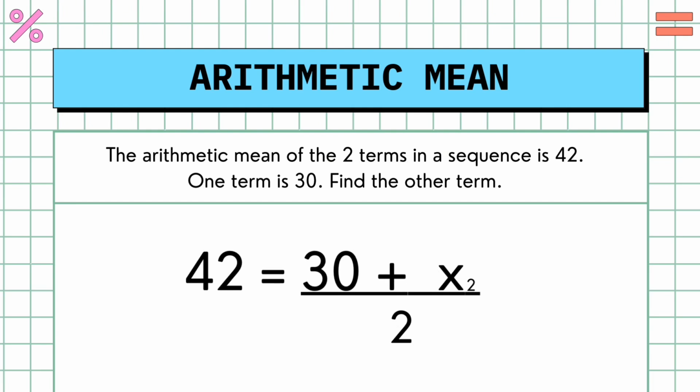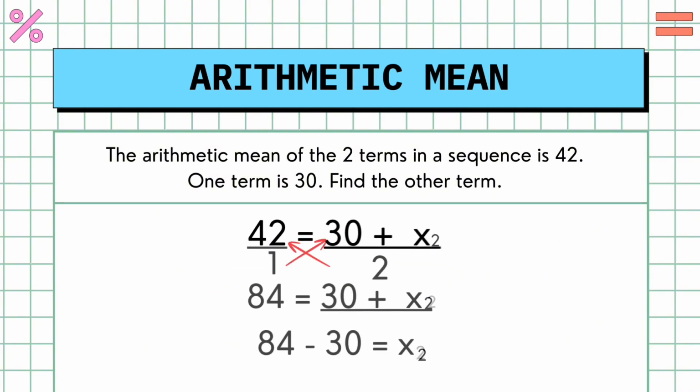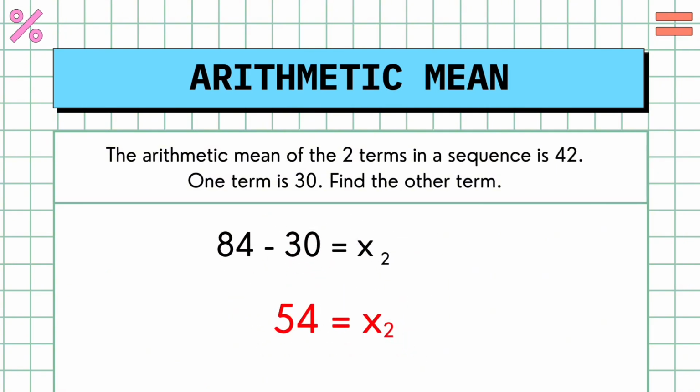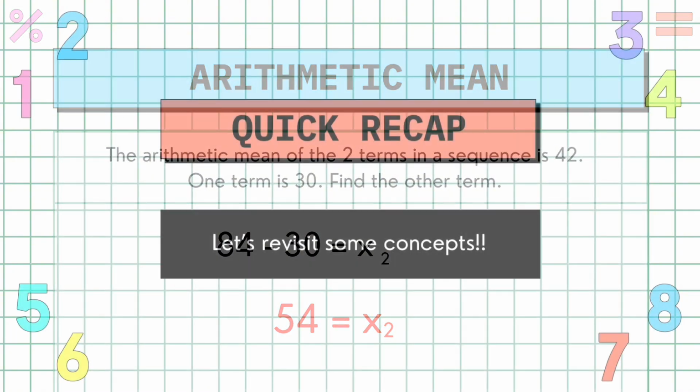We substitute. 30 plus missing number divided by 2 is equal to 42. Now, we perform cross multiplication. 42 times 2 is 84. 30 times 1 is 30. So 84 equals 30 plus x sub 2. And then we combine like terms, and 84 minus 30 is equal to x sub 2. Therefore, our missing term, x sub 2, is equal to 54.